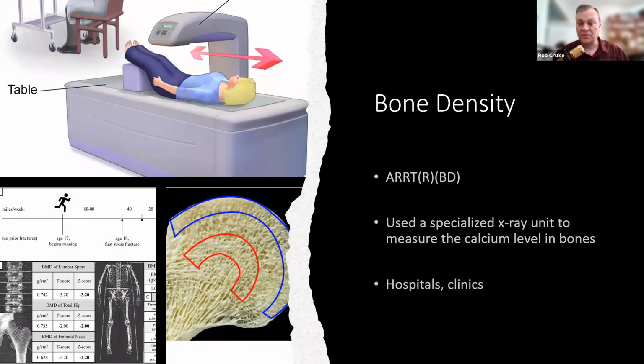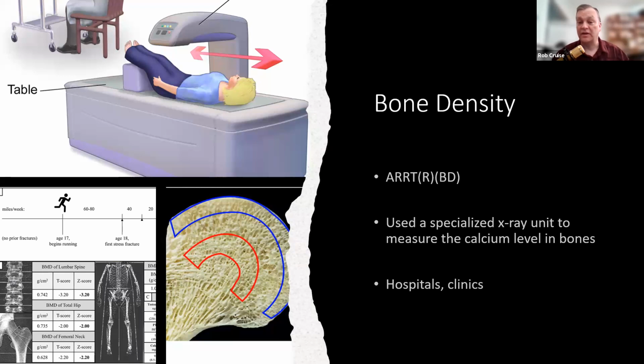Bone density is another subspecialty. You have this special unit that the person lays on, and x-rays pass through, and then we can calculate how much x-rays went through at a certain level, and depending on how much calcium there is in the bone, the more calcium in the bone, the less x-rays pass through it. The calcium stops that x-ray, so the whiter it will be on the image.